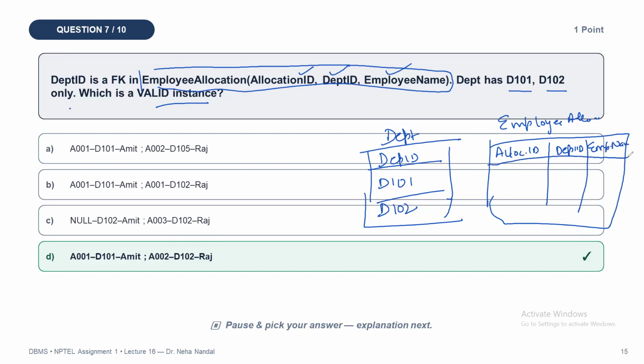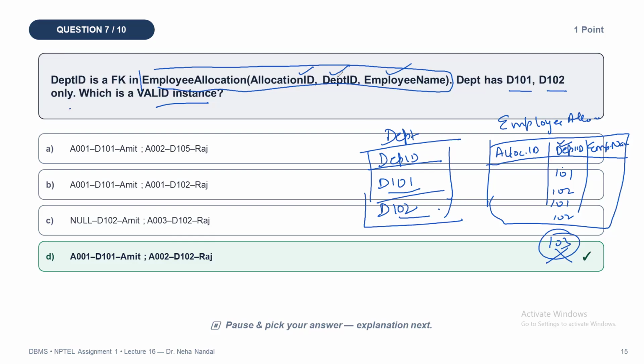It is taking this department ID, so this column can have only 101 or 102 values. Only these combinations can come up. It cannot have 103 because it does not exist. So we cannot keep a department which does not exist at all.